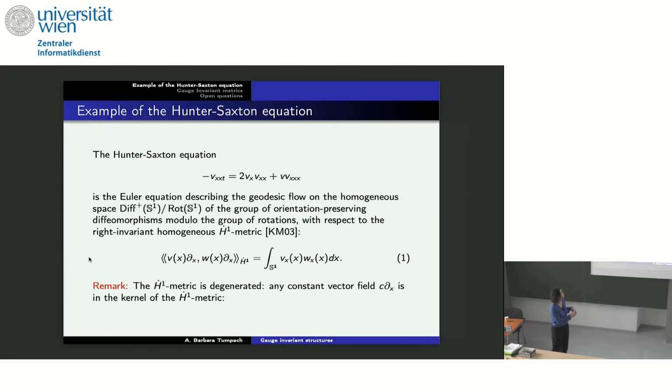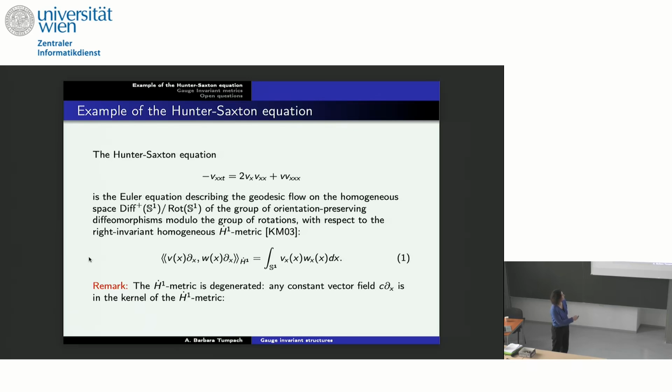So the group of rotations is actually a subgroup of the diffeomorphisms, of course, acting by rotations. And this Hunter-Saxton equation describes geodesics for a metric which is an H1 dot metric.